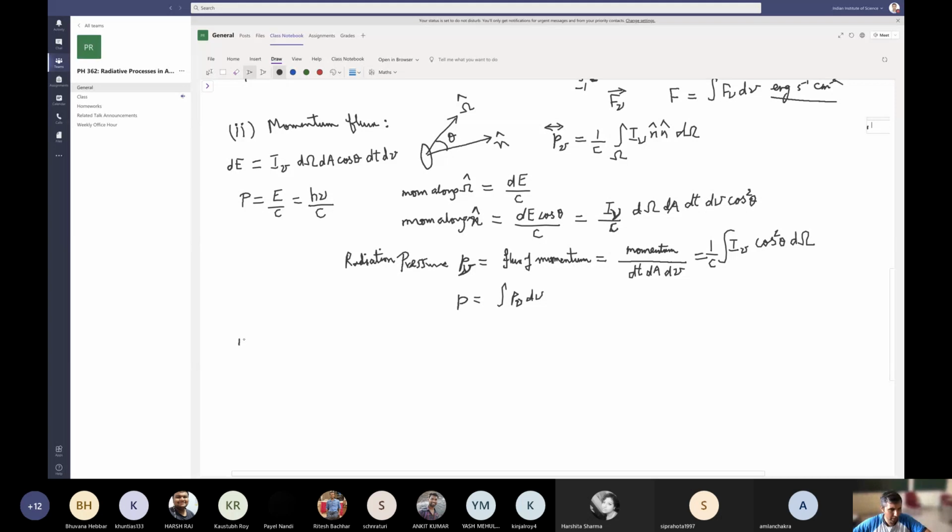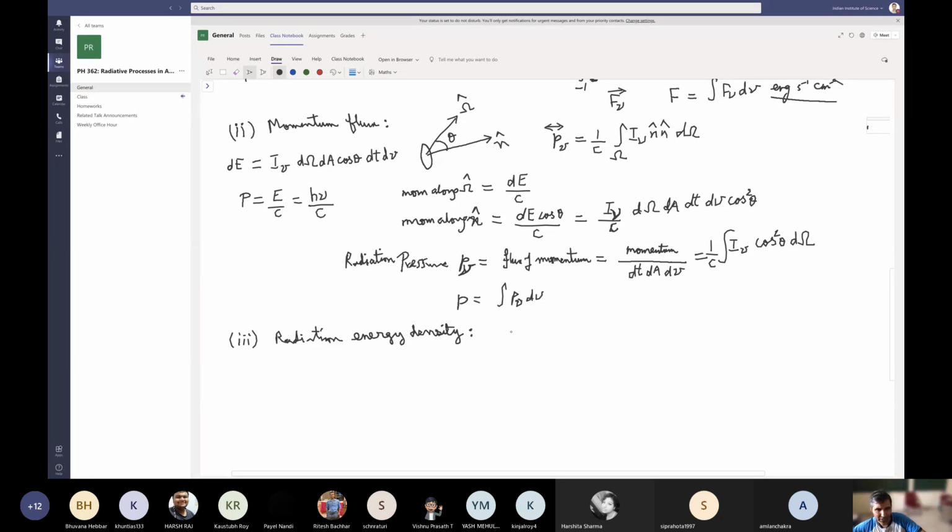So another important related quantity is something called radiation energy density. What is radiation energy density? Basically, as the name suggests, how much energy is stored in radiation per unit volume, right?